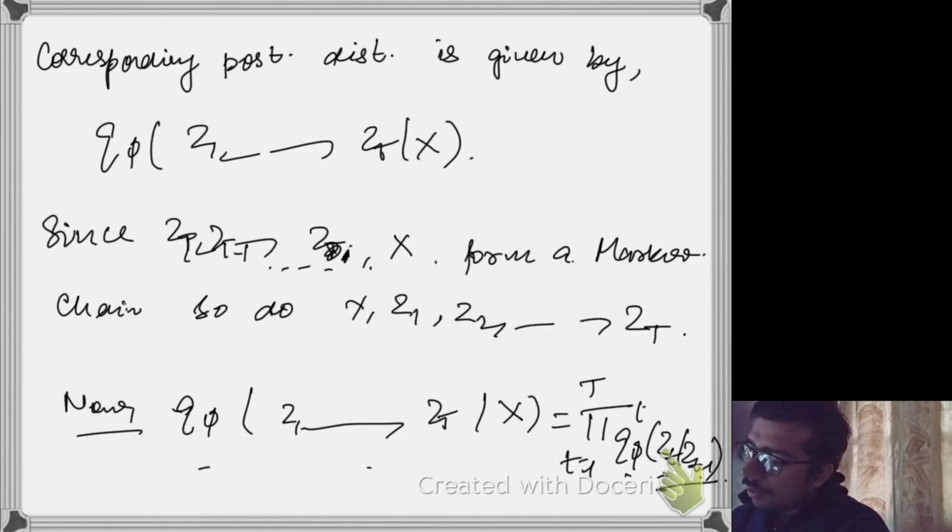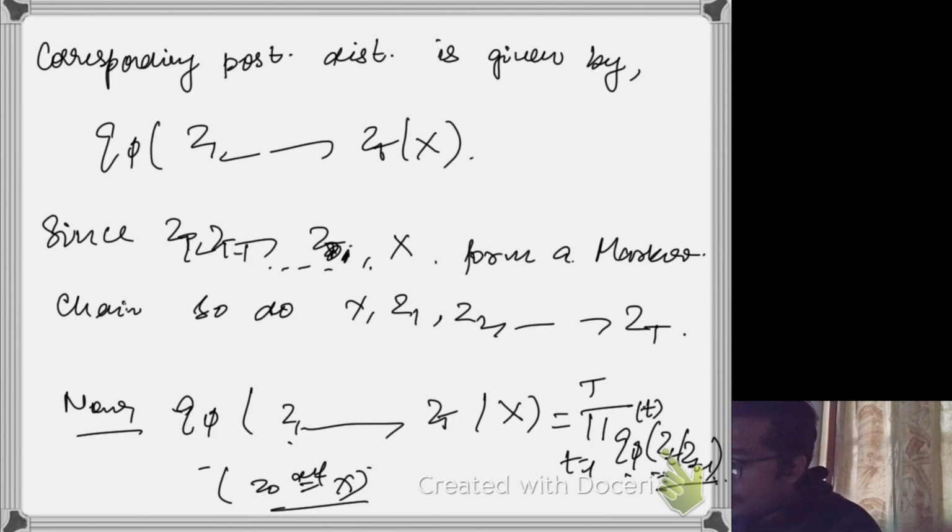For every t I have a different distribution, so I'll superscript it with t. Here again I'm calling x as z_0, because firstly what I need is z_1 given x, which I'm writing as z_1 given z_0.